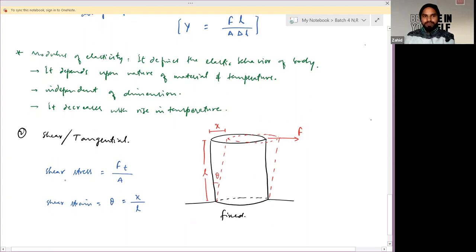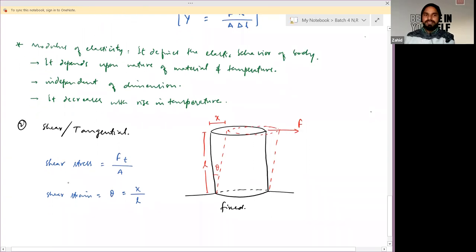Now, if you divide these two terms to get the modulus of elasticity, it will be defined as shear modulus, which equals shear stress divided by shear strain.